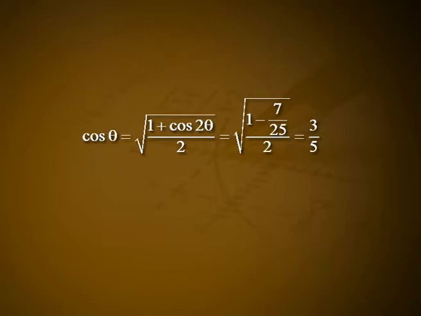From the triangle, we obtain cos 2θ = 7/25, which implies that cos θ = √((1 + cos 2θ)/2) = √((1 + 7/25)/2), which is equal to 3/5.